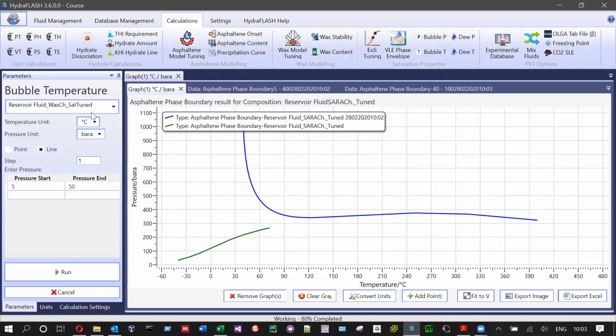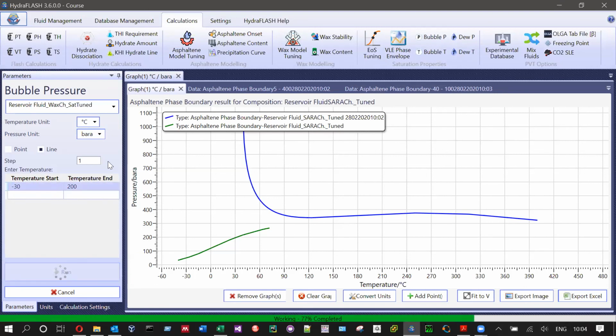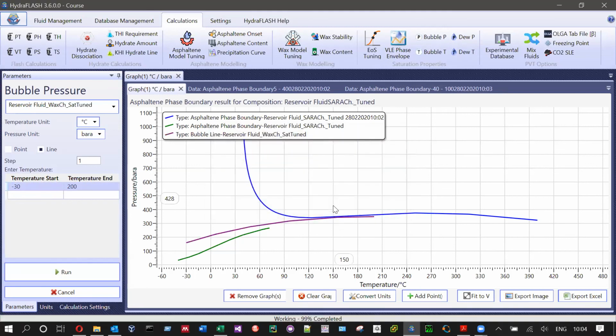So I choose the saturation tuned, and for the pressure I ask between -30 to, for example, 200 degrees. Oh, sorry. Bubble. Okay, -30 to 200. Okay, and this is the bubble line.